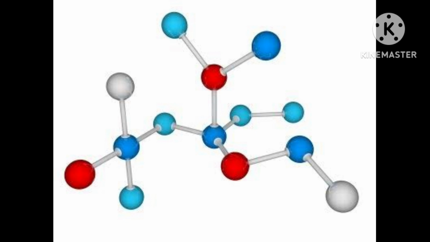In a shortcut way, this is the condensed structural formula: CH3 (CH2)6 CH3. If it is 9 carbons, then you have to write (CH2)7: CH3 (CH2)7 CH3. Okay, like that you can write.